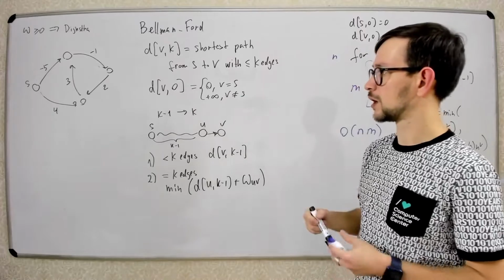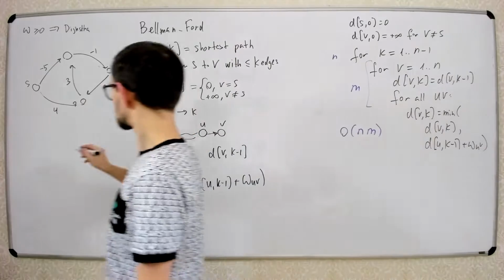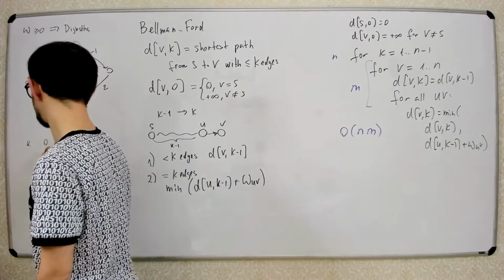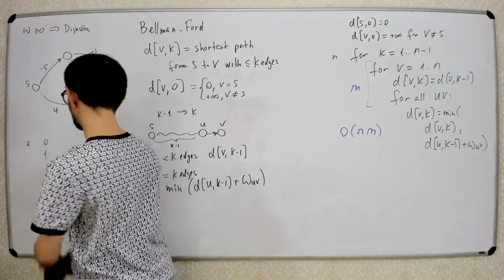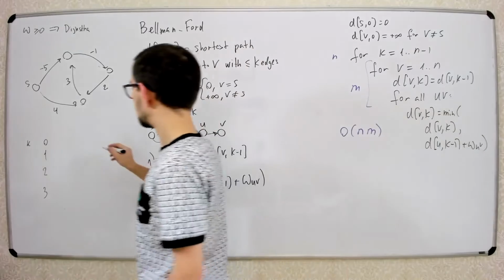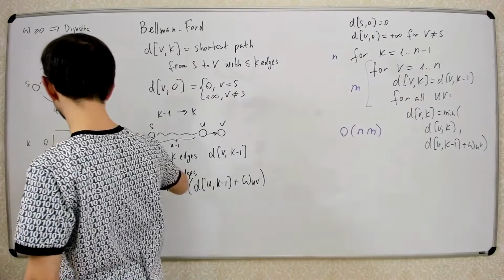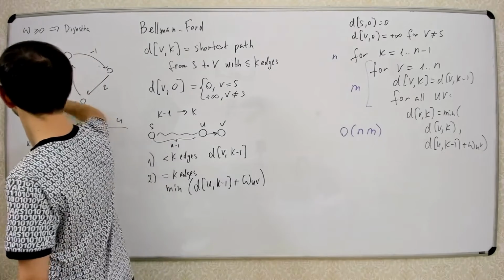We have 4 nodes. So the length, let's say k, will be from 0 to 3. I can count. And so this is ready. Let's put some numbers here.